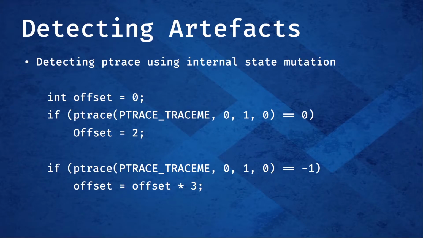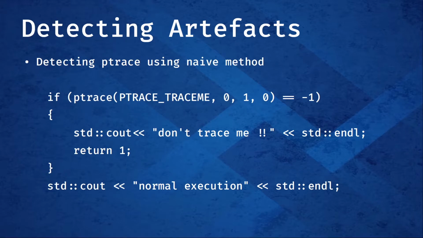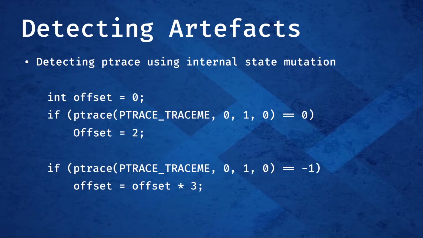Then there is a slightly better method, where instead of doing the ptrace once, we repeat the ptrace a bunch of times, and since we know that we are doing it, we can obviously check for expected values. At each check we can maintain some sort of internal state.